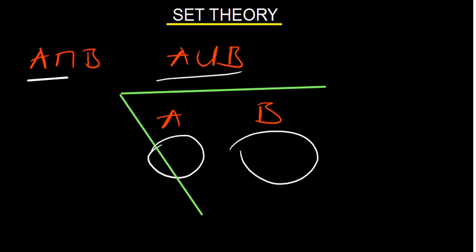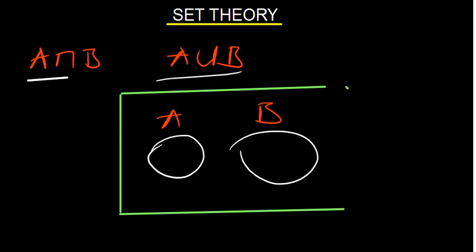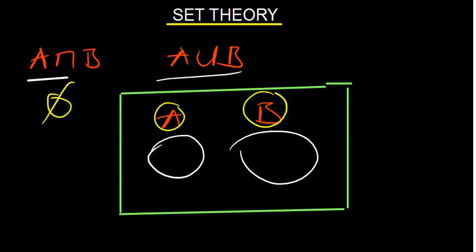So what is A intersection B in this case, where our sets are like that? What would you say? A intersection B is basically going to be considered an empty set, because we don't have any elements that are part of both A and B. They don't share an intersection.